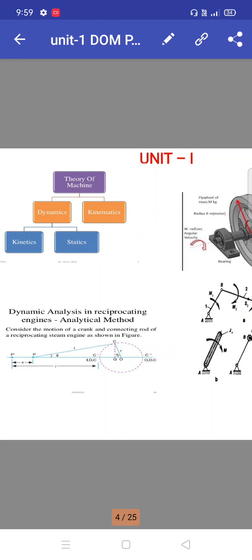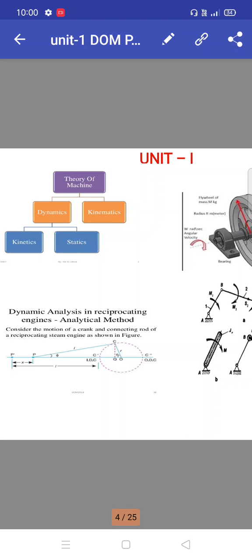So both kinetics as well as statics depend upon the motion, and we can categorize like this. Kinetics specifies the forces to be considered in a system, whereas where the object is at rest or in a stationary position, we call it statics.